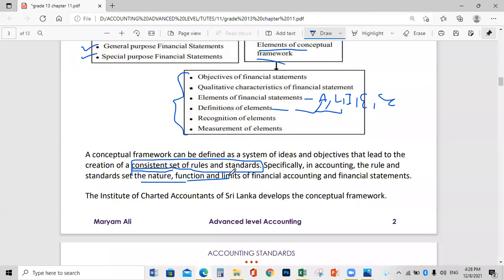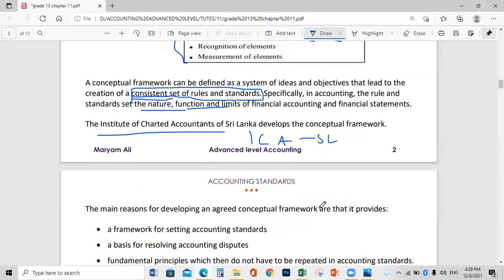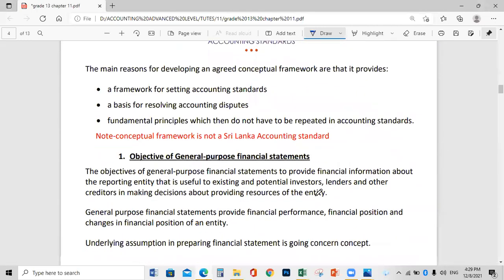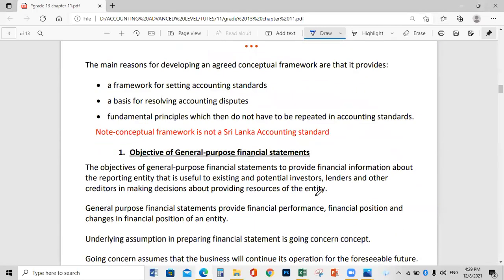Okay. And guys, who develops it? Just like the standards, even the conceptual framework is developed by ICA Sri Lanka. Okay, so guys, now let's go. The main reasons for developing an agreed conceptual framework are that it provides the following.